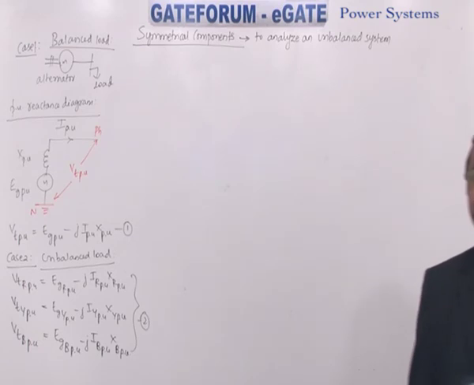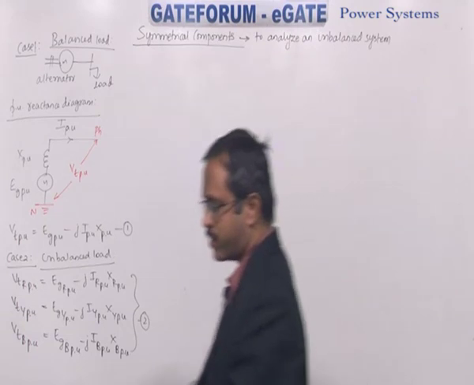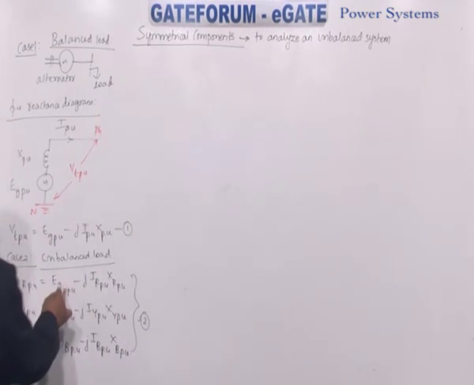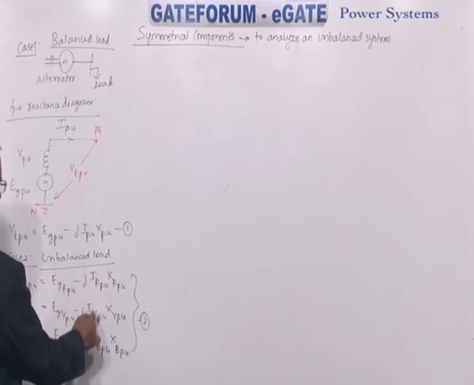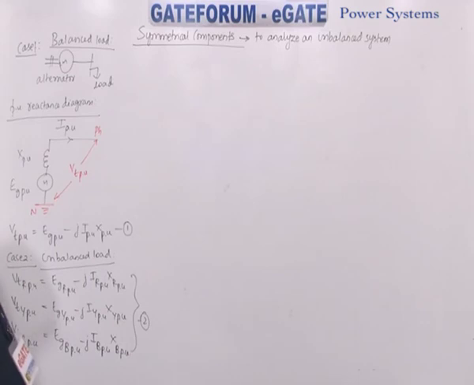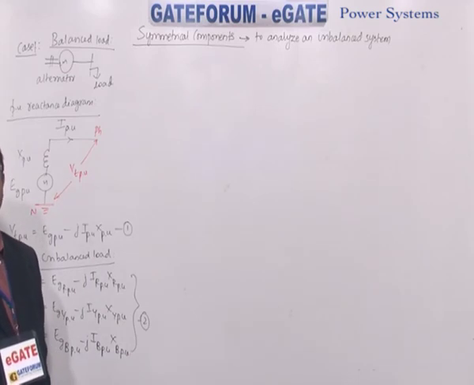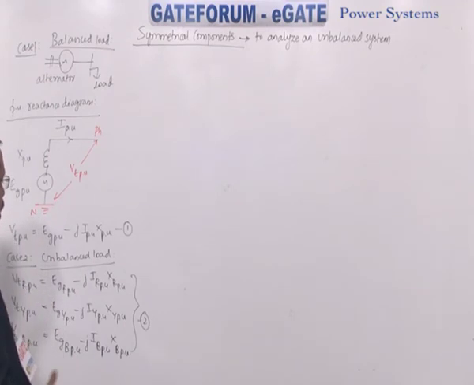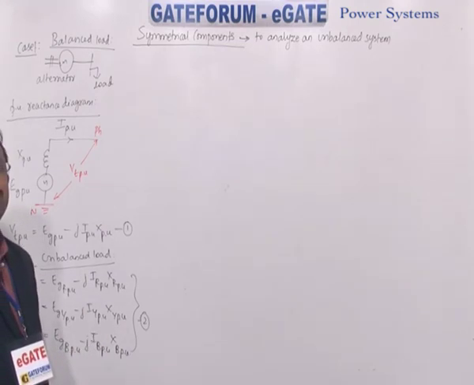Now verify the right side of this equation set 2. How many unknown quantities do you have? Total 9 unknown quantities. So how to find these 9 unknown quantities?